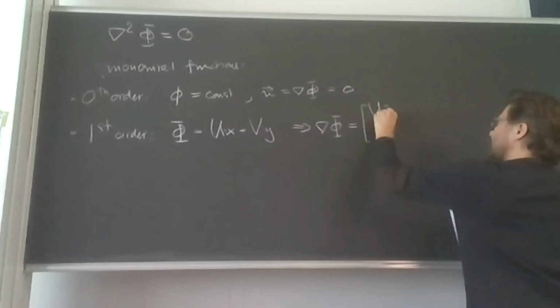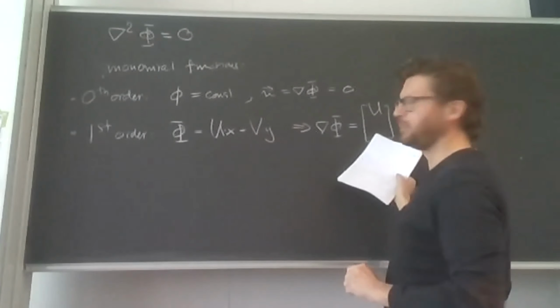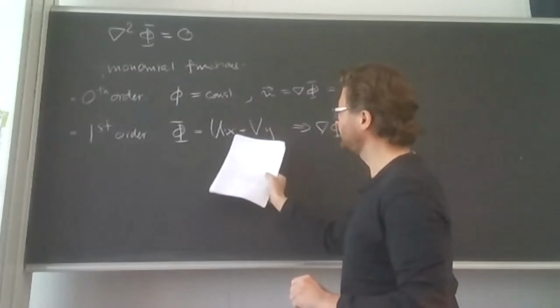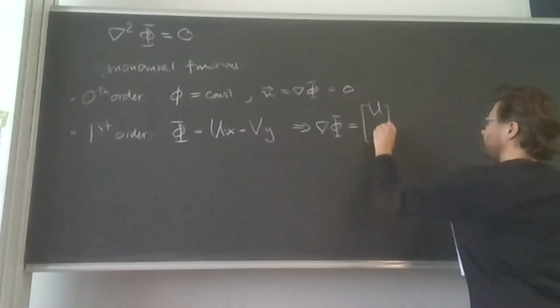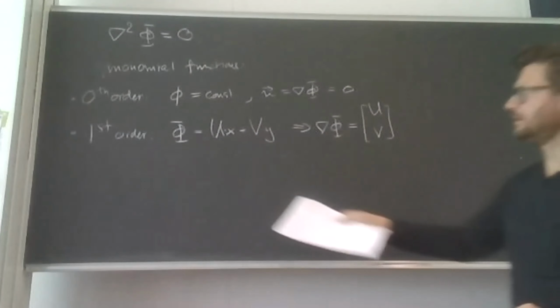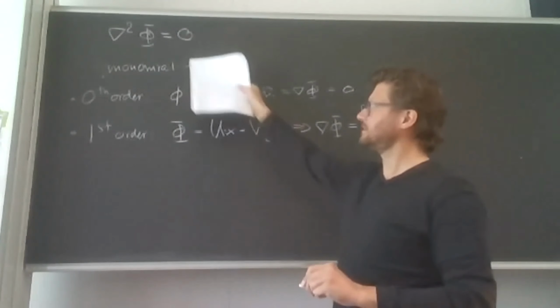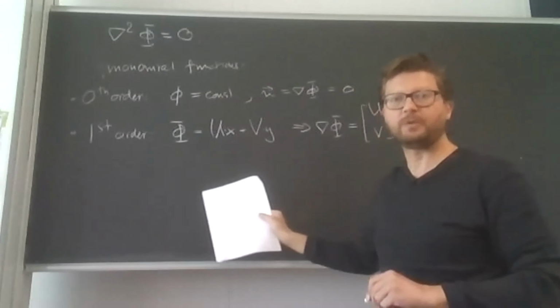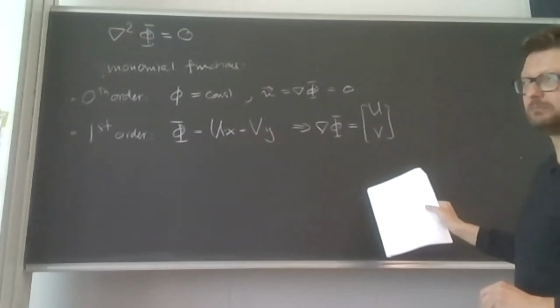And the second component is d phi dy, which is just V. So this potential is a solution to the Laplace equation because it's a first order monomial, and it describes a parallel flow, right?